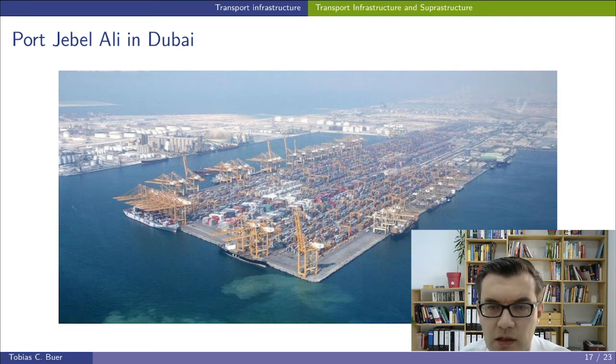You see here the superstructure of the cranes, the berthing container ships along the quay lines of the port, and the storage area for the containers, the street system for the containers, and here are more ships berthing on another container terminal to the right side that is not shown on this picture. This is a very important port area of Jebel Ali.